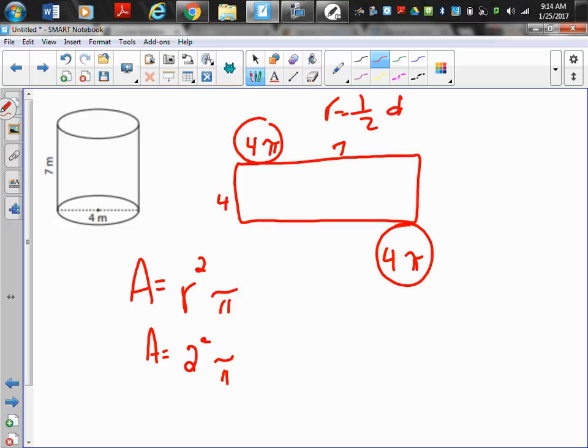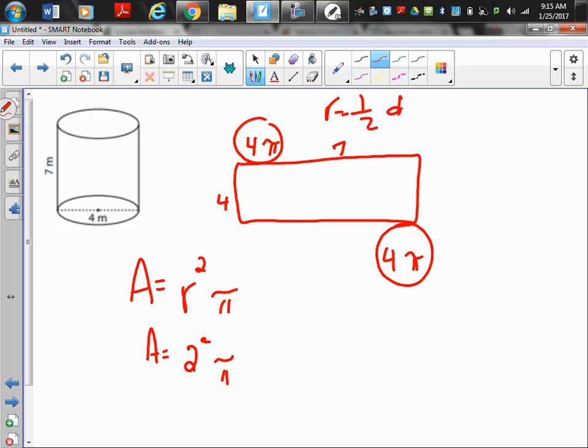So what's the area of that rectangle, Mr. Gumby? How do you find the area of a rectangle? Yes, you multiply length times width. Good.